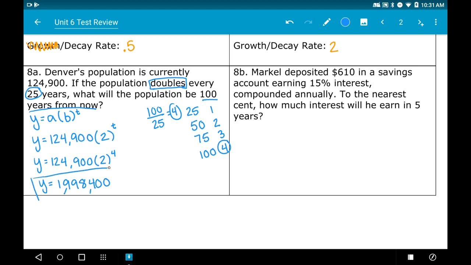So that would be the population of Denver after 100 years. So anytime it doesn't have a percent, you are not adding or subtracting 1.